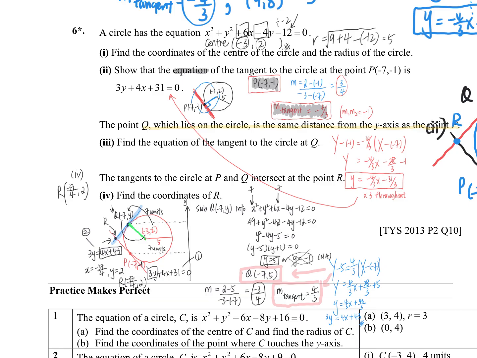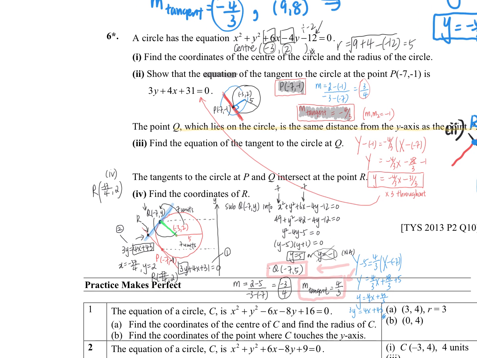Is it the y value? Why did you get minus 8? Did I calculate anything wrongly? Minus 43. So 4x plus 43 is equal to, no, plus 4x plus 31 equals 0. So 8x equals minus 74.